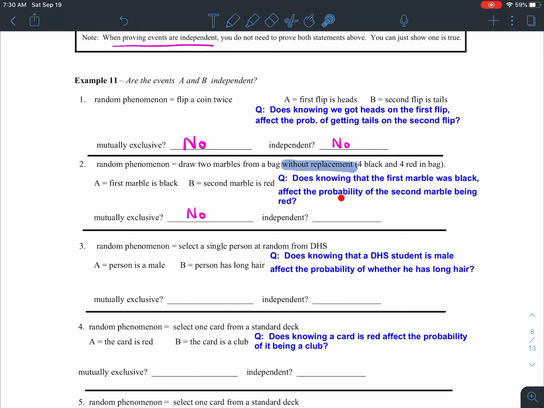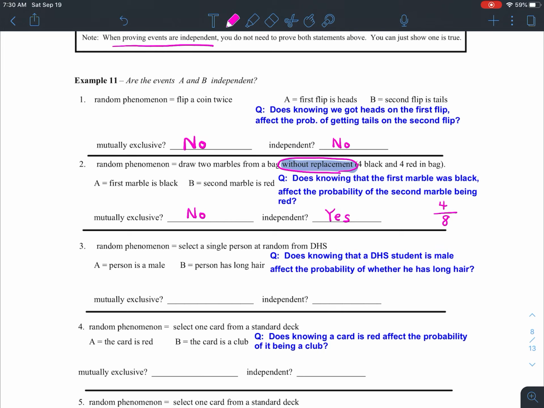Now, to say whether these events are independent, we have to ask this question: does knowing that the first marble was black affect the probability that the second marble is red? Okay. And the answer is absolutely, that impacts what the probability of selecting a red marble would be. Okay, and this is really hinged on the fact that we are not replacing.